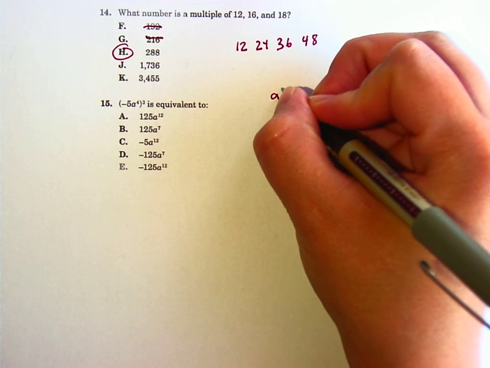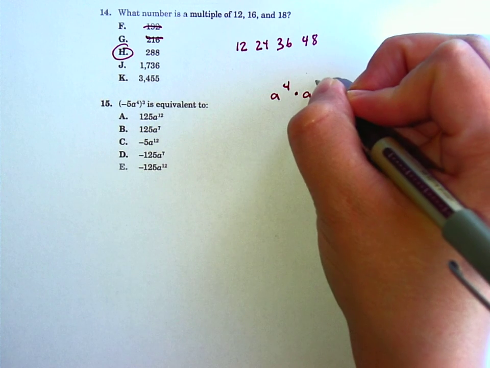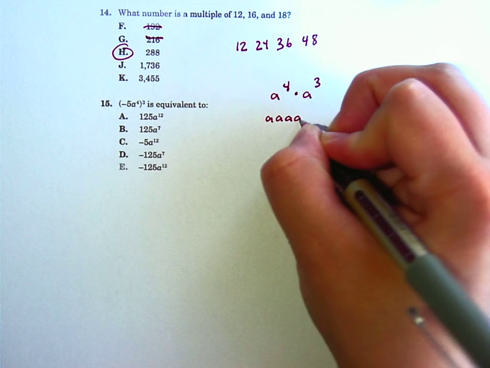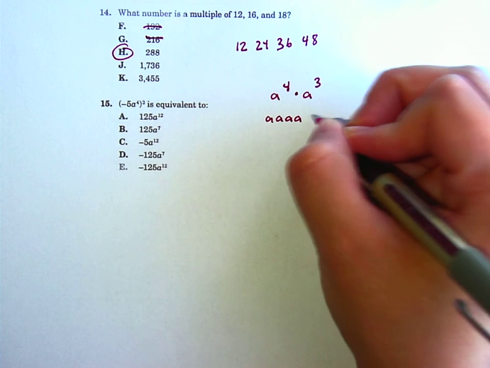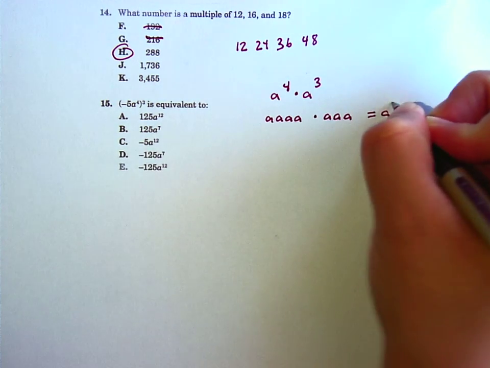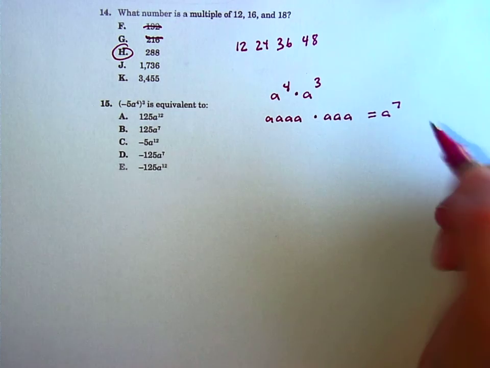If you had a to the fourth times a cubed, that would be 4 a's, this is like a times a times a times a, times another 3 a's, which makes a total of 7 a's. So if you're just multiplying the powers like this, you just add the exponents.